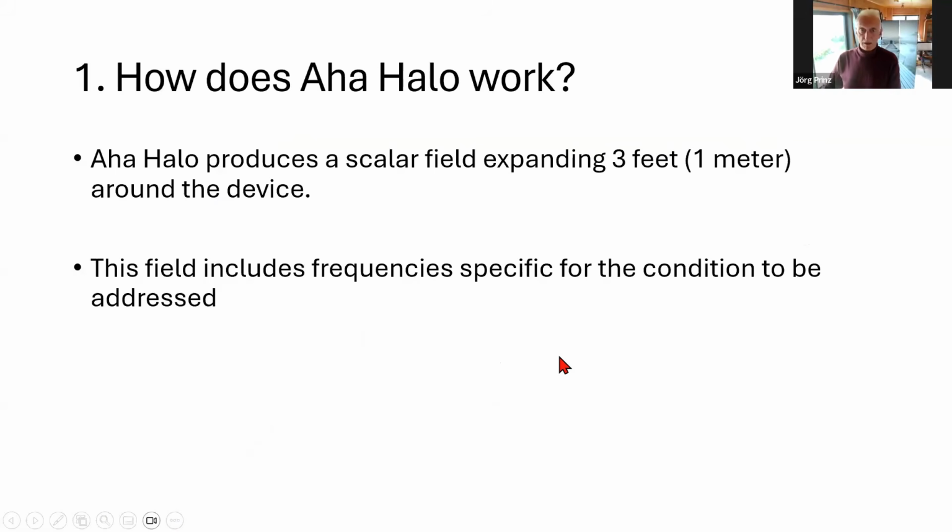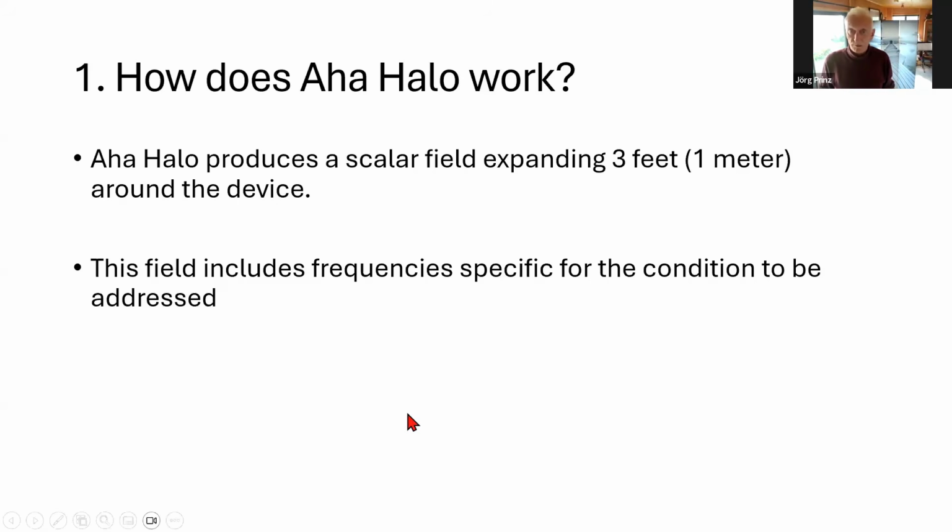So how does the AHA Halo work? This little device, and I have no idea how John White actually put this together, but it works. It produces a scalar field, and that expands about 1 meter outwards or 3 feet outwards around the whole device.